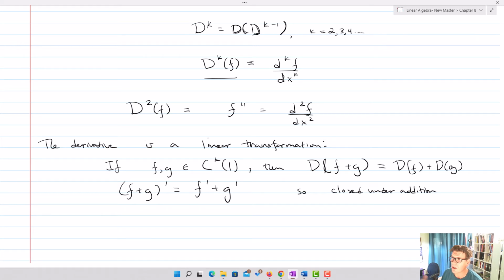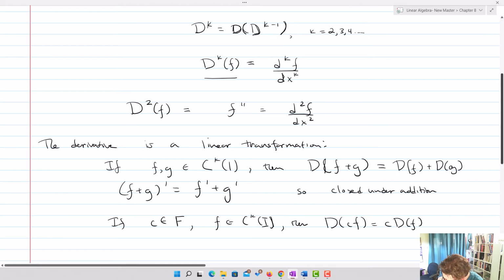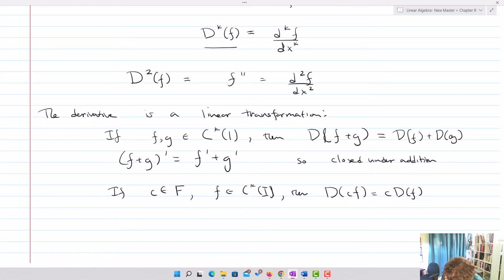In addition to that, we need to be closed under scalar multiplication. So we want to show that if c belongs to some field F, and f belongs to C^k(I), then D of cf is equal to c times D of f. If you remember your rules of derivatives, we know that (cf)' equals cf'.